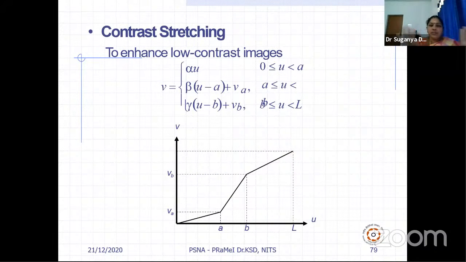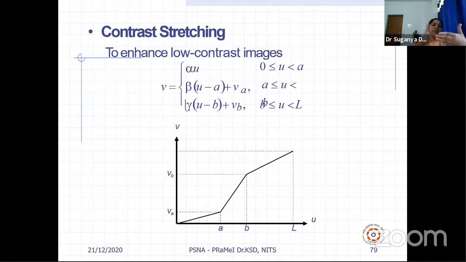Contrast stretching depends upon histograms, right? Histograms have an X and Y axis. In X you have the gray levels available, and in the Y axis you have the number of pixels at a particular gray level. Say for example, I am seeing a histogram of an image.